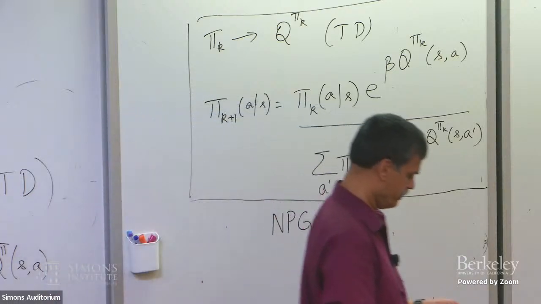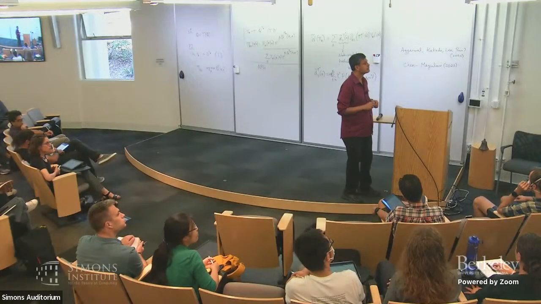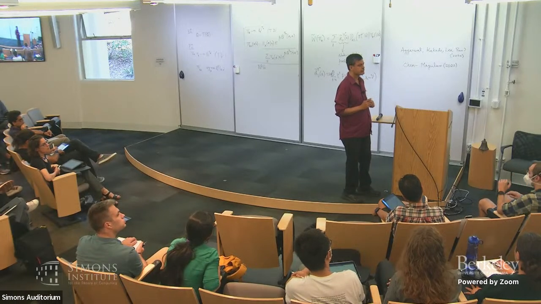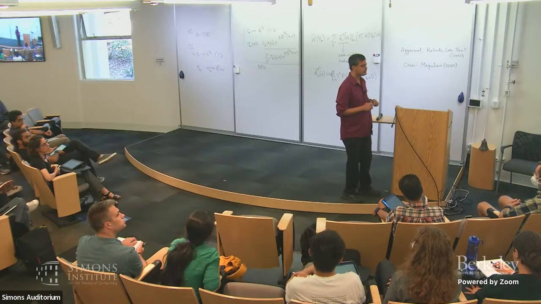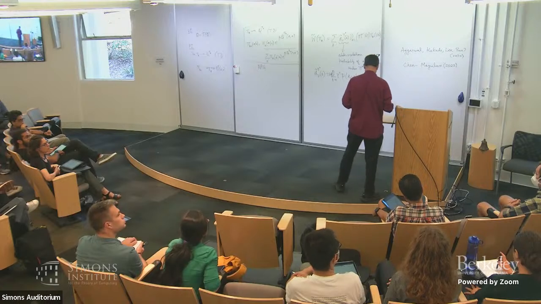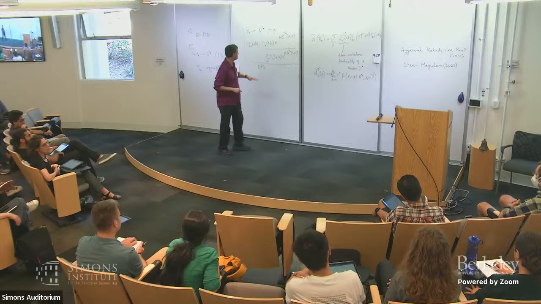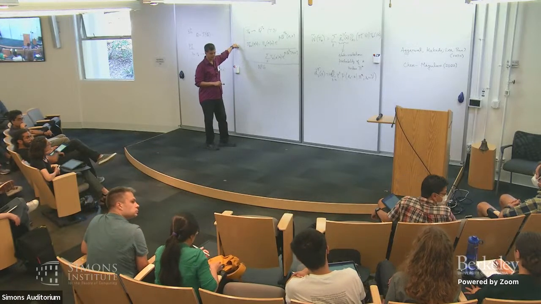Yes. Is it possible to get a single step analysis in this? Like you take one step, or some steps, of gradient descent for the TD part, but not run it until convergence. Sorry, say that again. There are two steps here, like an alternating minimization.